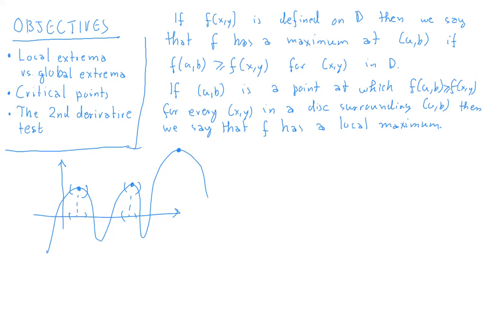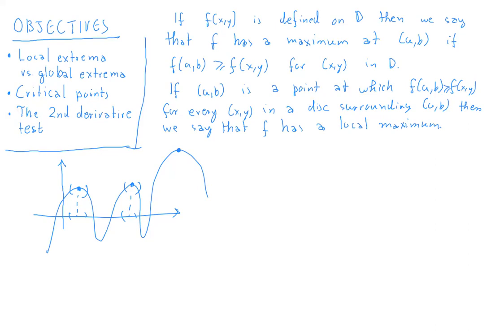So in some sense, everything is possible, with the exception that if a function has a global maximum, then obviously it will have a local maximum.